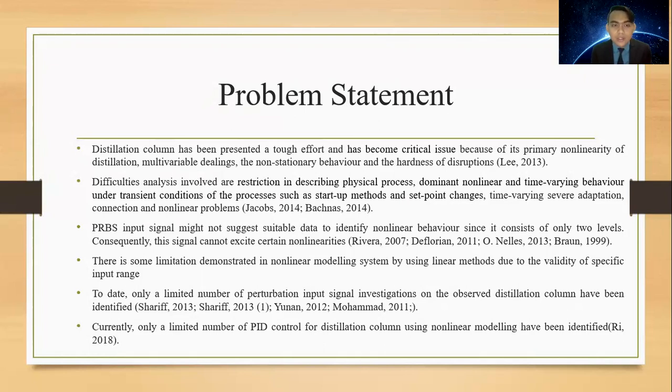To date, only a limited number of perturbation input signal investigations on the distillation column have been identified. Currently, only a limited number of PID controls for distillation columns using nonlinear modeling have been identified.